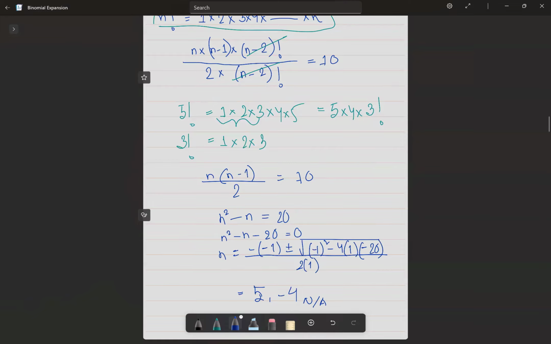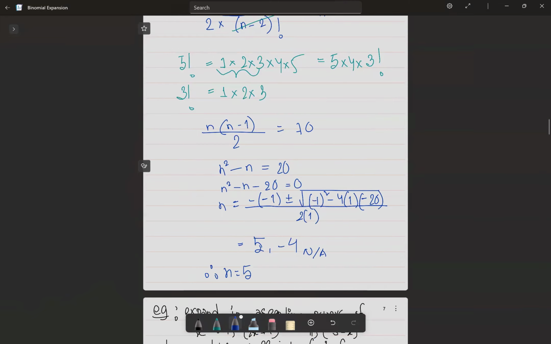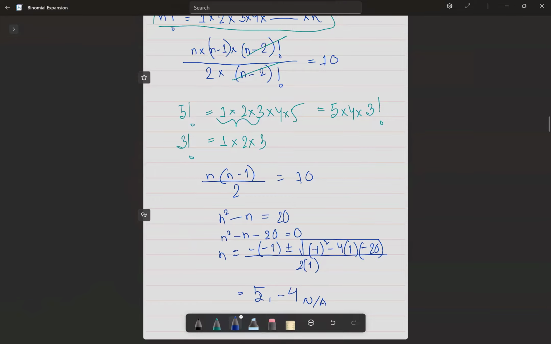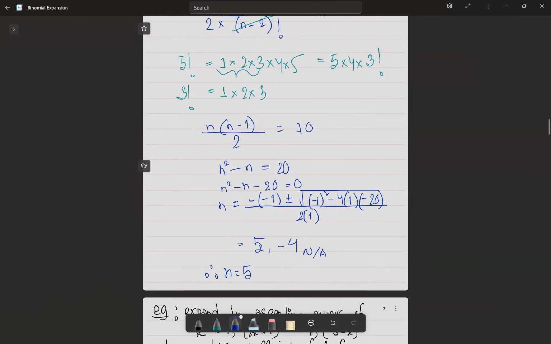So we solved this down and we got two values which are 5 and minus 4. Now the value of 5 definitely is our answer and not minus 4 because n was a positive integer given in the question. So we crossed out the possibility of n being a negative number in here.